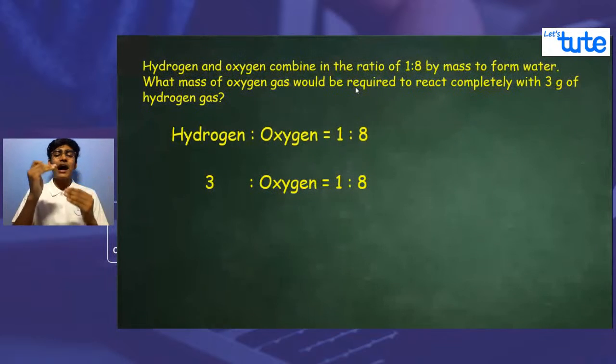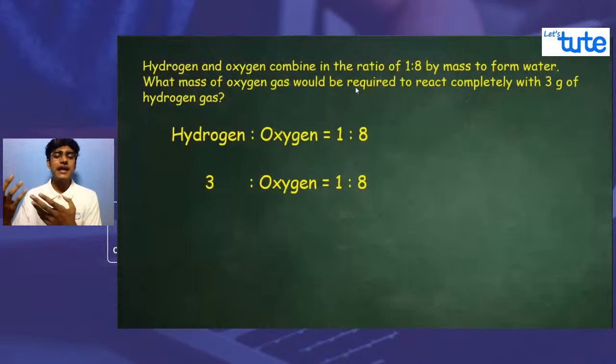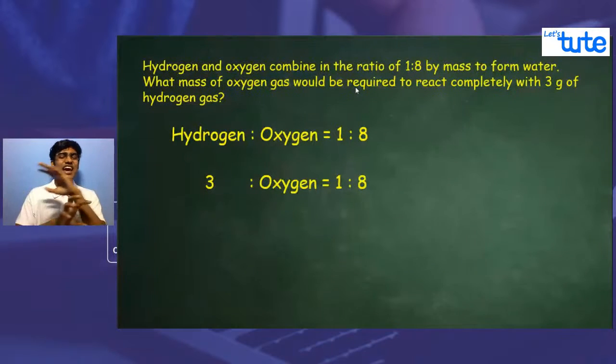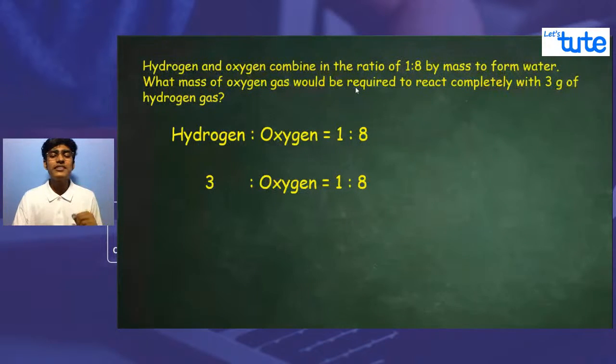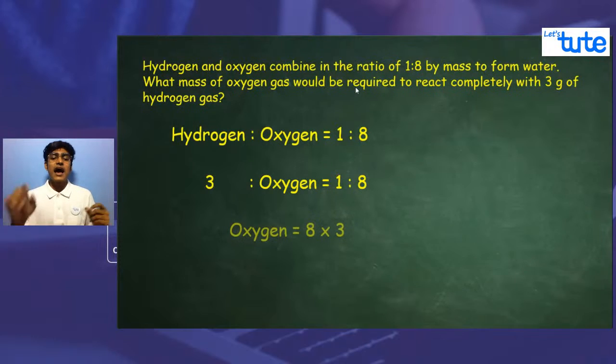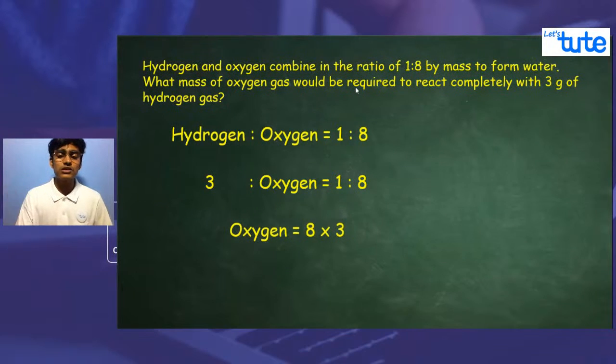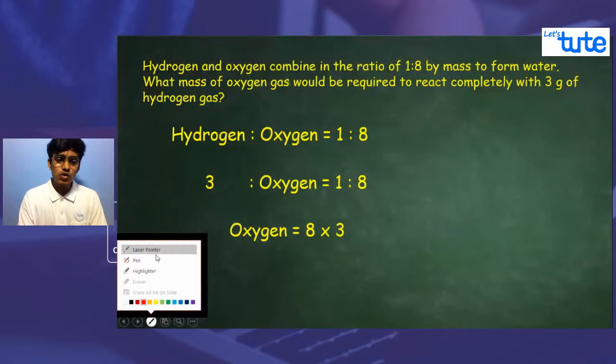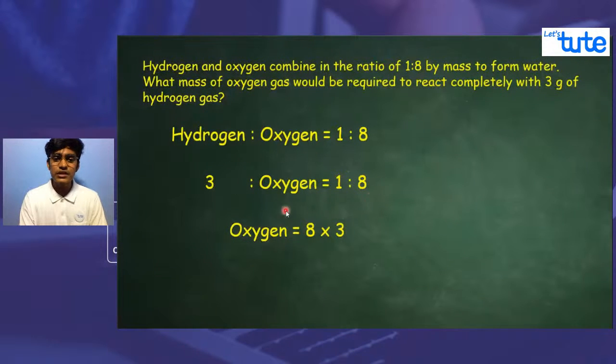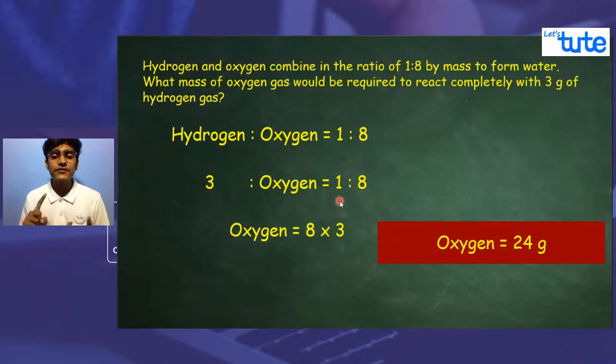If we arrange all the factors and bring oxygen to the numerator side, the equation we get is oxygen equals 8 into 3. If we multiply 8 into 3, that simply gives us 24 grams.